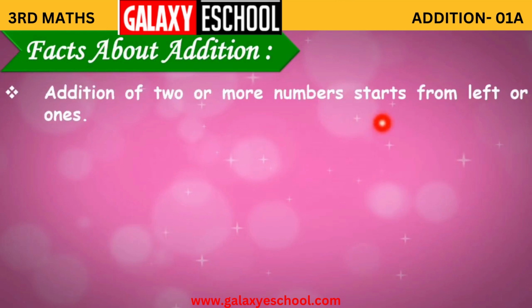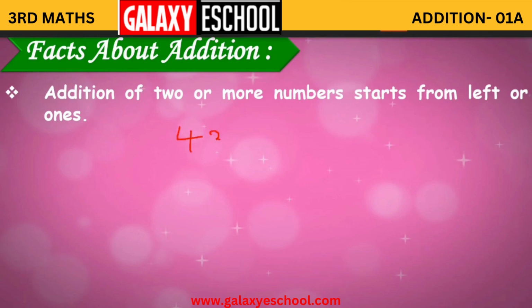Addition of two or more numbers starts from left or ones. When we have three or more numbers, like this, here we are having three numbers, right children? What they are saying here is normally we start adding from the right, that is the ones side.